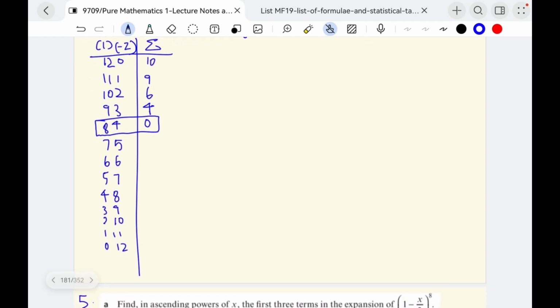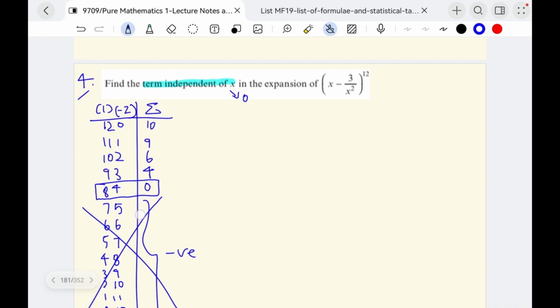The rest is obviously not needed because the rest of this is negative, so ignore this. The degree of the second term is increasing as the values of n are increasing as well. So perform it like this: x minus 3 over x squared to the power of 12 equals, what is the actual number following the second term, which carries the degree of negative 2.